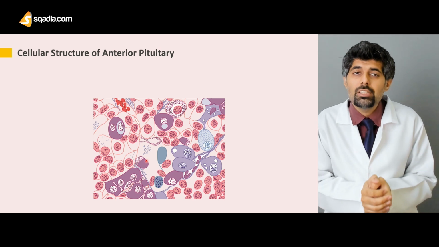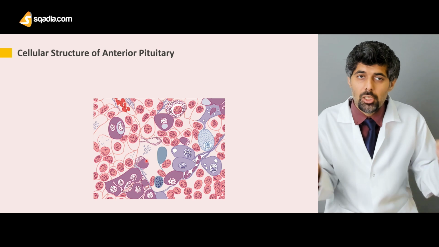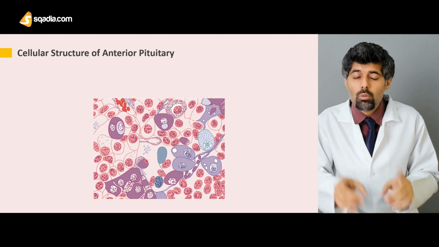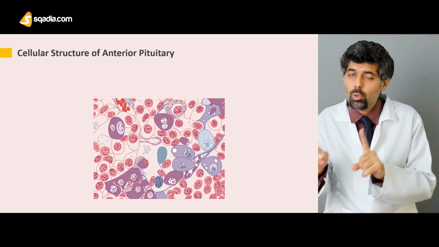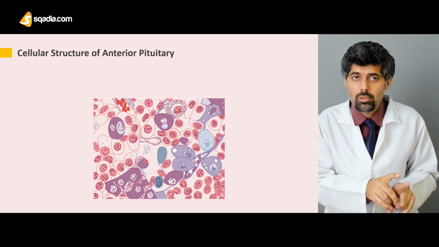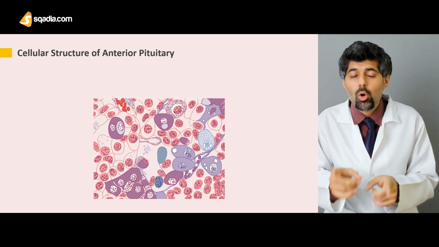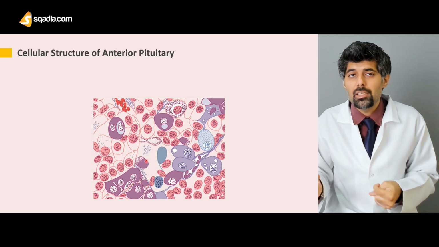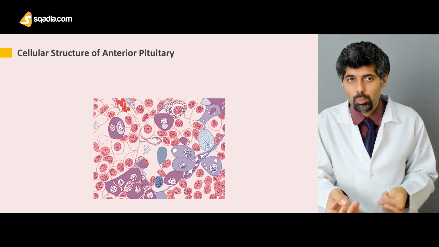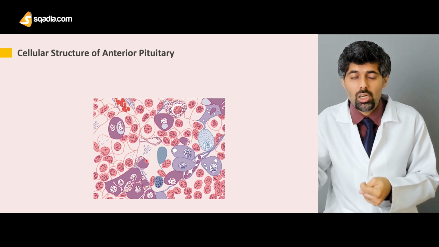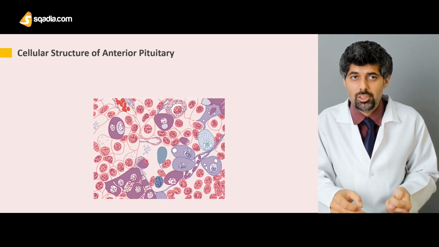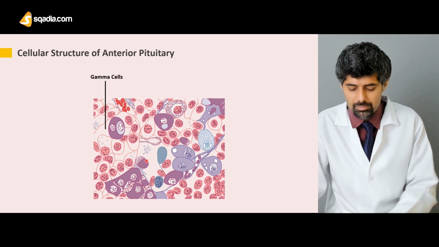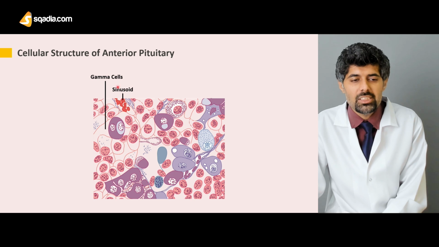Now, this is a slide of the cells of the anterior pituitary. Here you will see that there are 5 kinds of cells producing different hormones, where one cell only produces one type of hormone, while we'll also notice the sinusoids and how they are seen on light microscopy, when those tissues are stained and viewed under such. First of all, we have the gamma cells, then we have the sinusoids.